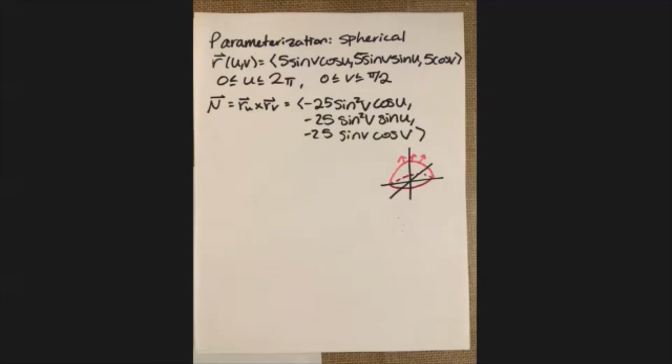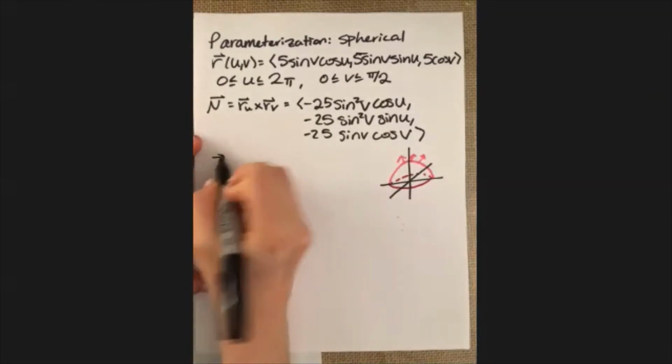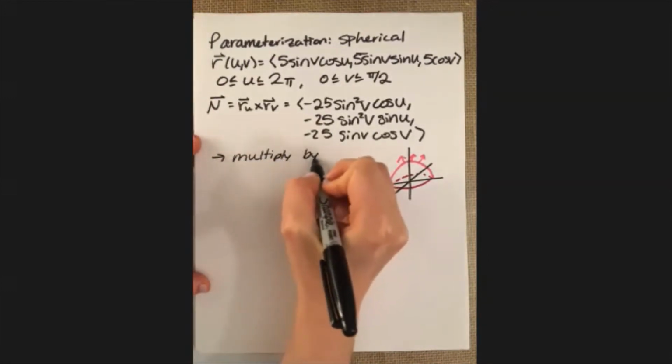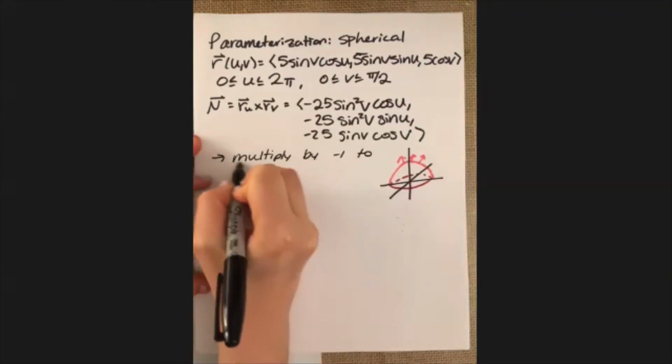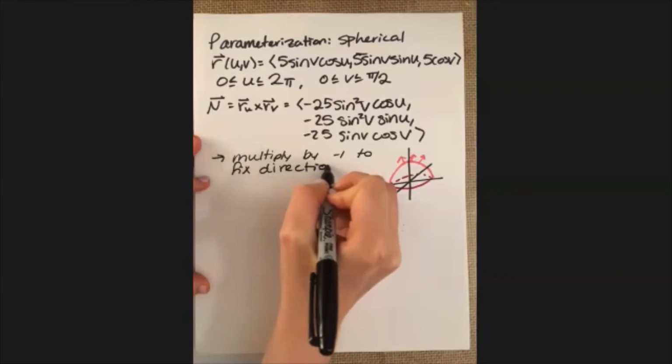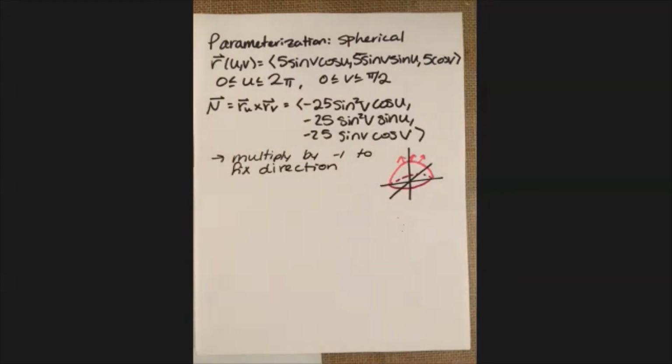We want it to be facing outward. So we're going to want to make sure that we multiply by negative 1 to fix the direction of that. Okay, so that's pretty much it for n.